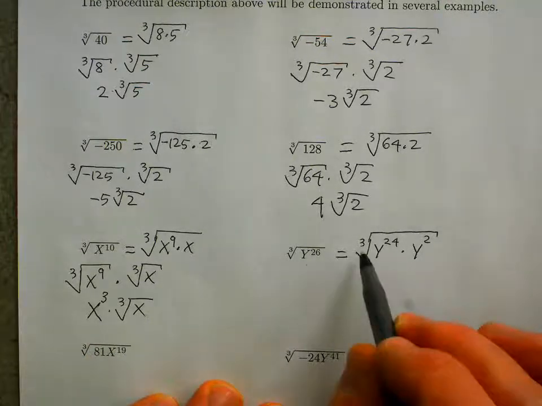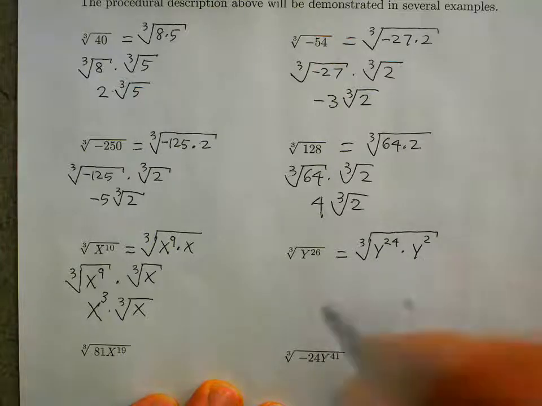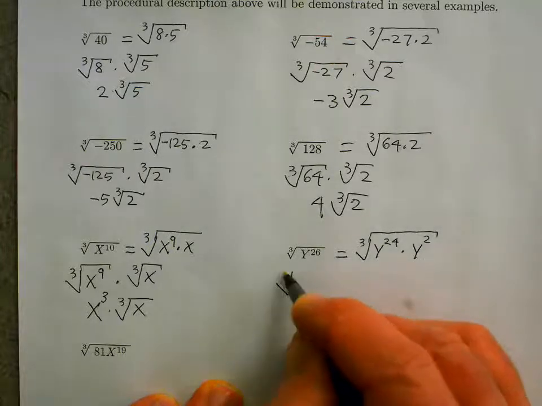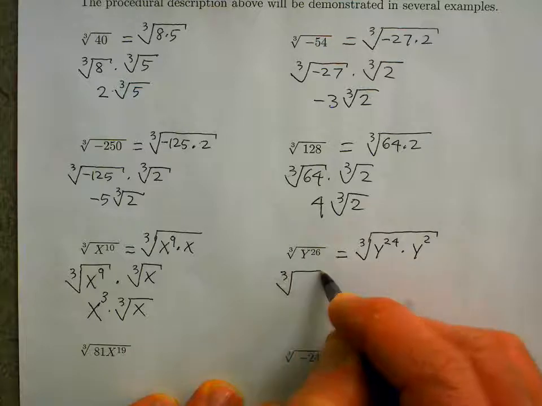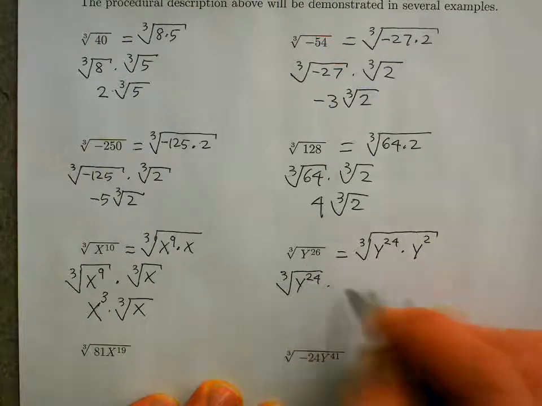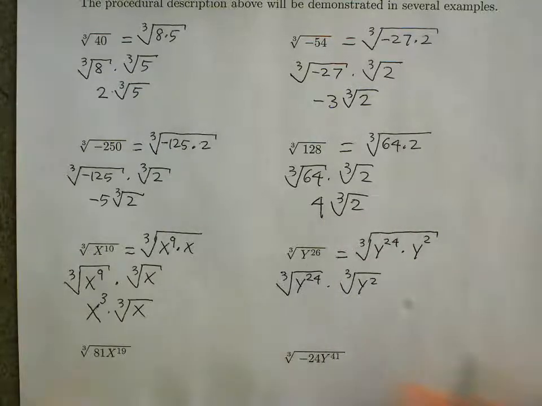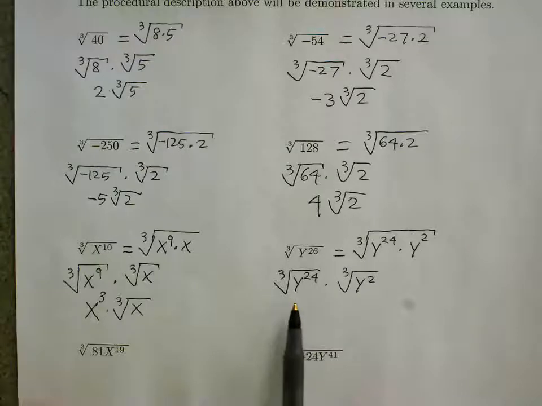It's okay to simplify this directly, the way that we have it, or we can write it as a product of cube roots, the cube root of y to the 24th times the cube root of y to the 2nd. So how do we simplify the cube root of y to the 24th?